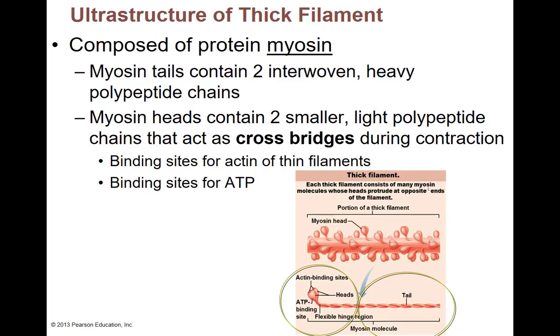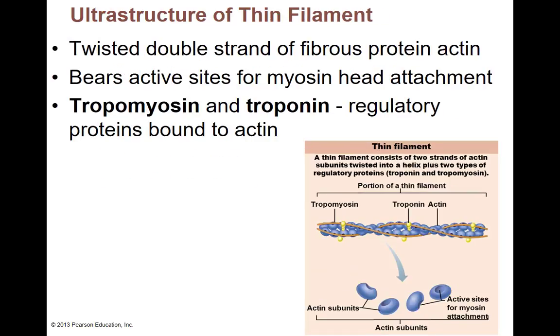As I said before, myosin will bind to actin, and it will do that at those dark circles, the active sites. So a myosin head wants to bind to that dark circle right there. However, is the dark circle available to be bound to right now? No, because it's that tropomyosin, that orange protein, that covers it.